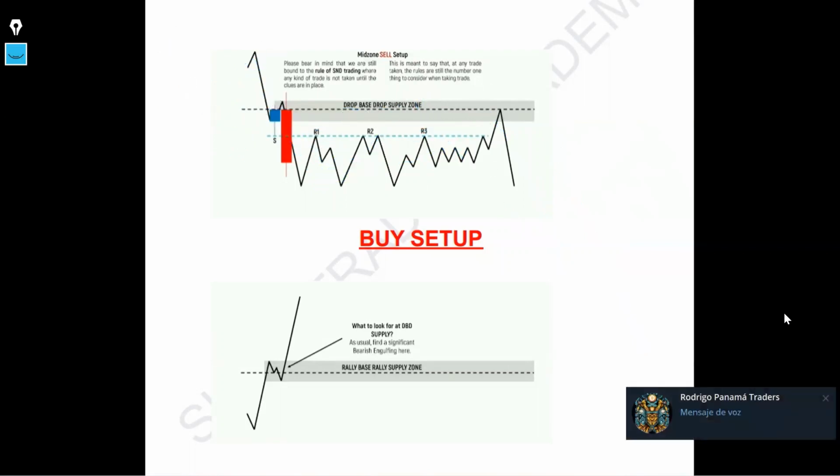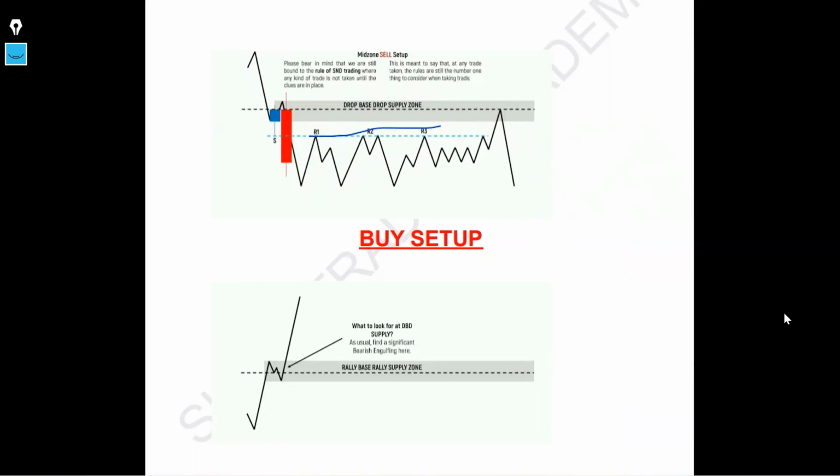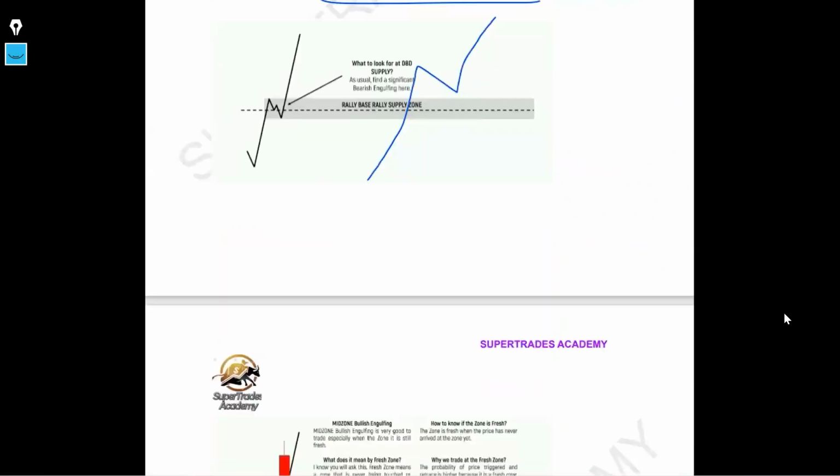So the next one, guys, this is how it looks. You have to be very keen on this liquidity to be taken out. The buy setup: rally, base, rally. So what you look for: a drop, a slope, supply zone as usual. First, a significant drop, trend, rally, base, rally, supply, demand zone.